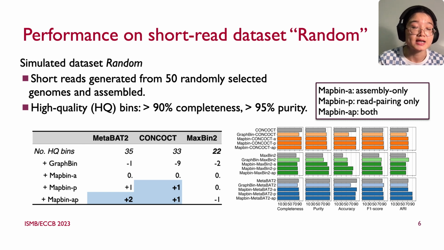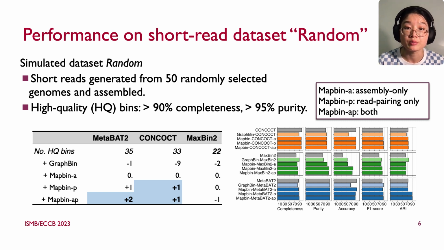In this first example, I made a simulated dataset called random. It's a short-read assembly used with 3 original binners, Metabet, Concoct, and Maxbin, and 1 additional bin refinement algorithm, GraphBin. So the general impression with this dataset, as well as with the other short-read dataset, is that Mapbin has achieved, let's say, small-time success in increasing the number of high-quality bins, but it does improve the overall statistics of the bins.